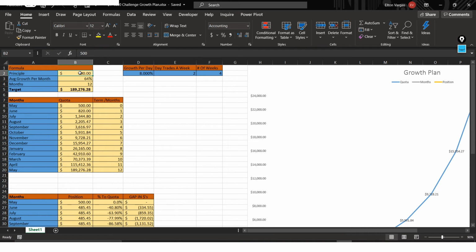For example, find out where you want to have a short-term goal. If I start with $500 and I'm trying to make like 8% in every trade, because I have a cash account, I only like to trade two times a week. I know it's very short, but I don't want to get hit by the PDT rule, the pattern day trader rule, because I don't have $25,000.